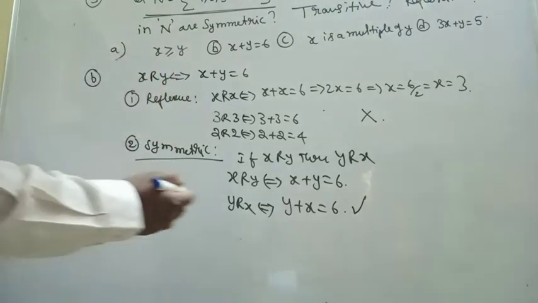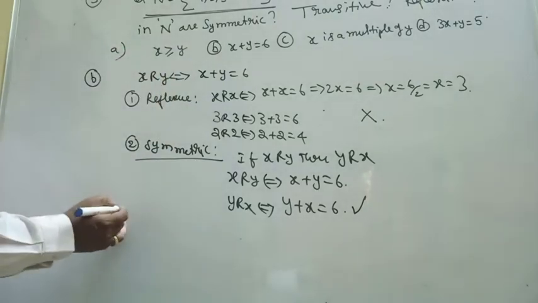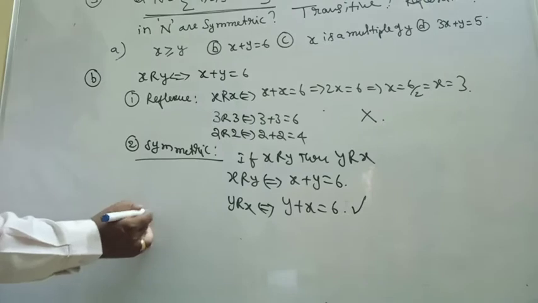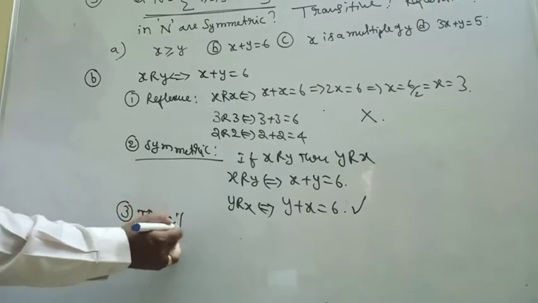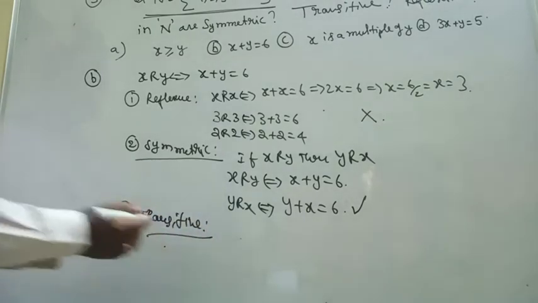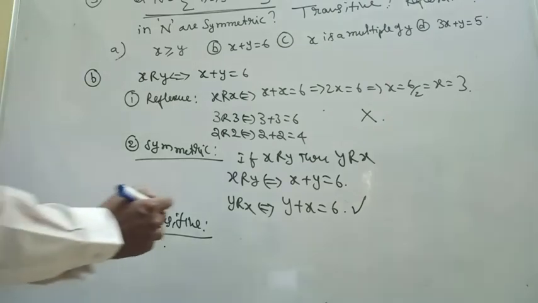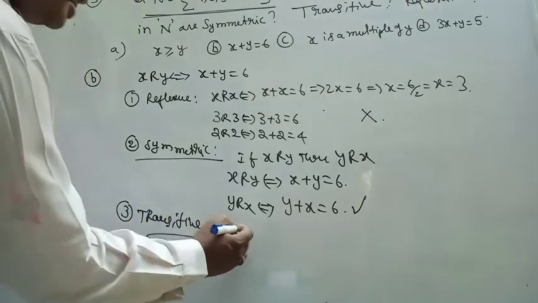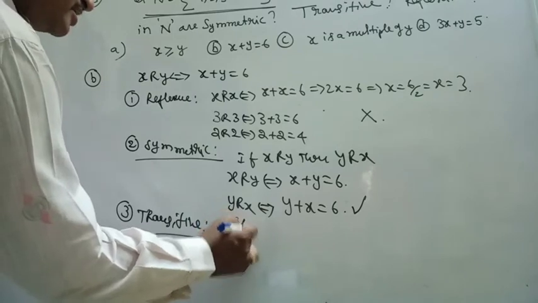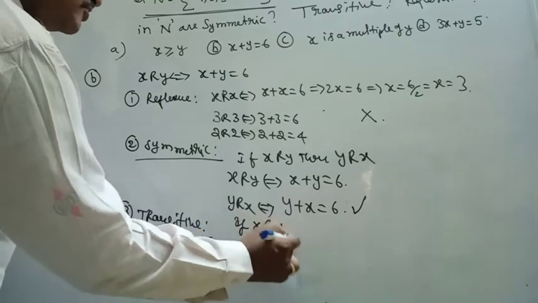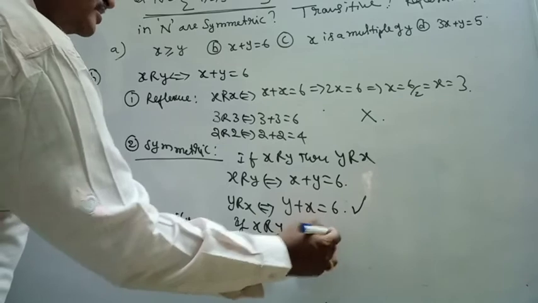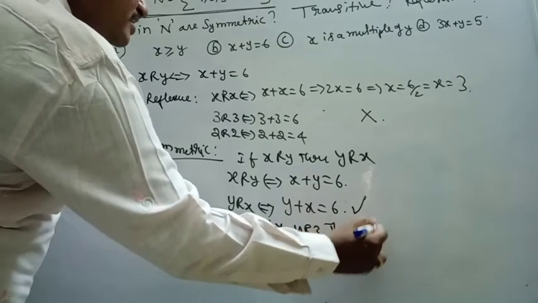Now the third one is transitive. Let us see how we are going to say whether this is transitive or not. My dear students, transitive means, if x is related to y and y is related to z, then we should prove that x is related to z.